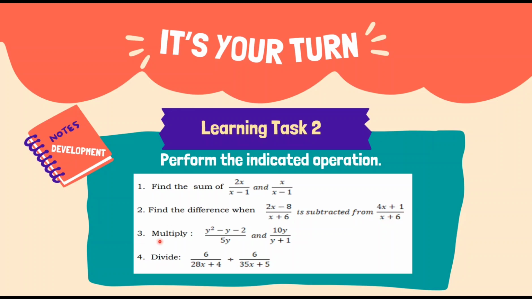Number 3, multiply the following: y squared minus y minus 2 over 5y and 10y over y plus 1. And for the last one, divide 6 over 28x plus 4 by 6 over 35x plus 5. You need to write that on your intermediate paper.